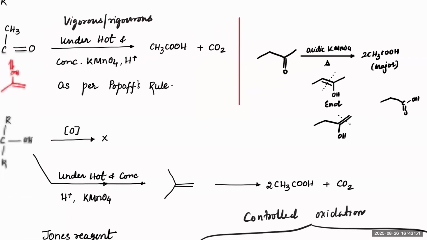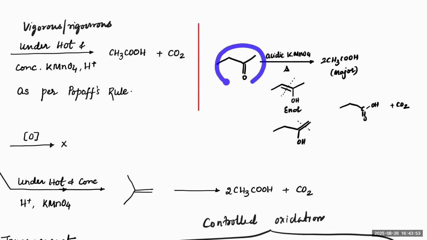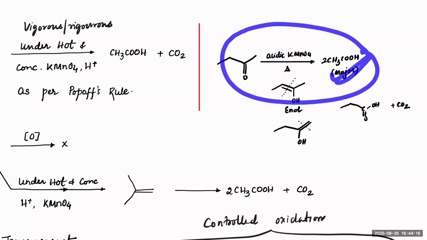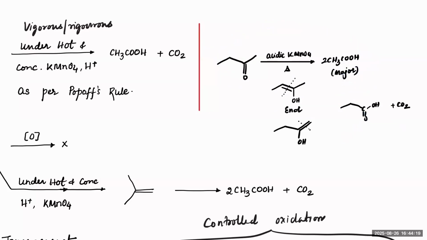Popov's rule suggests that whenever you oxidize an unsymmetrical ketone, it will tend to go in the direction where you will have a smaller carboxylic acid. Can you see this is a smaller carboxylic acid than propanoic acid? Acetic acid is smaller, propanoic acid is larger. So size-wise, this one is following Popov's rule. This one is not following Popov's rule.